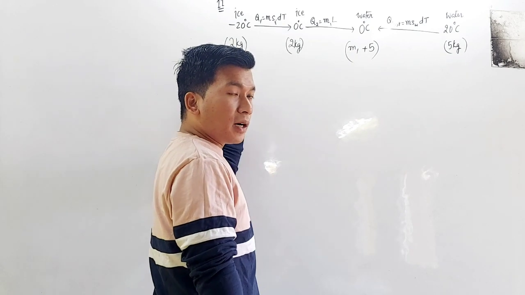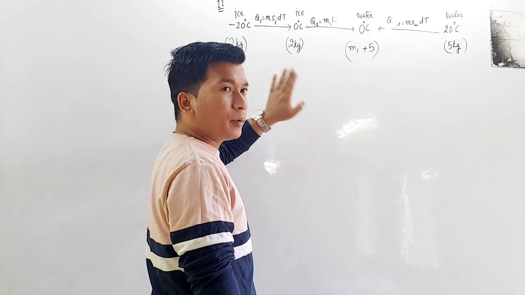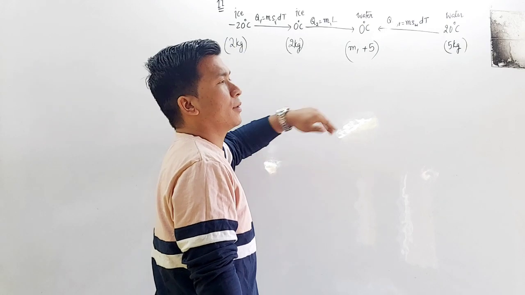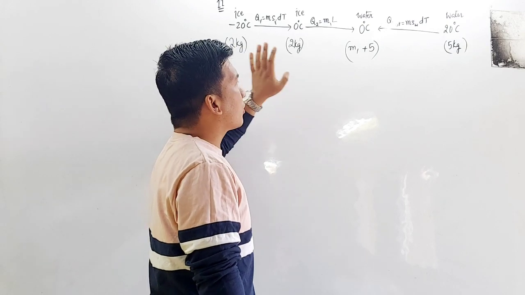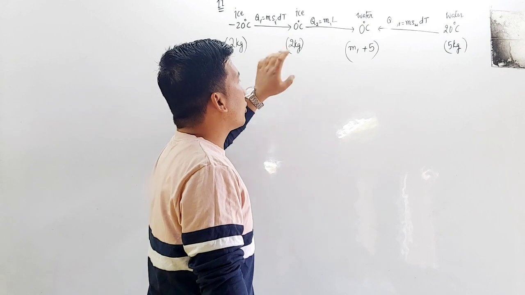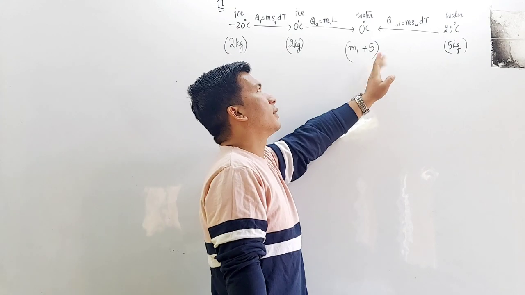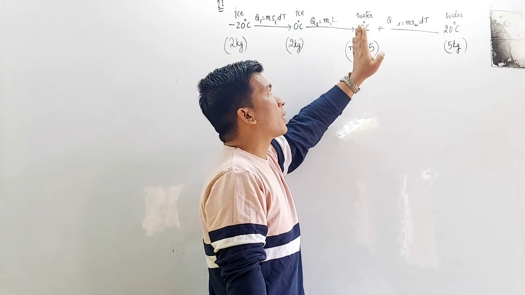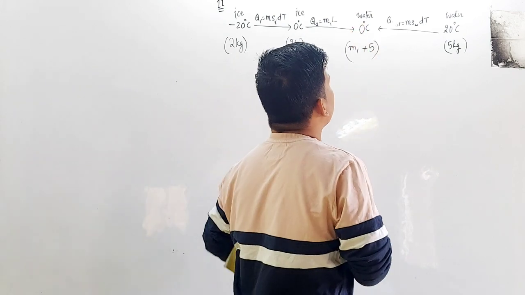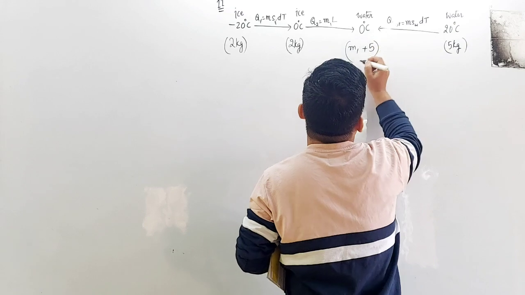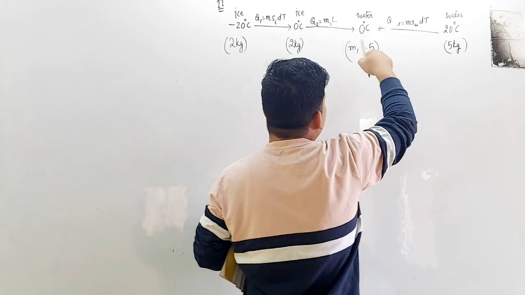Therefore, there will be some unmelted ice. In short, our conclusion is that there will be some unmelted ice and there will be water; we will be having a mixture of water and ice.